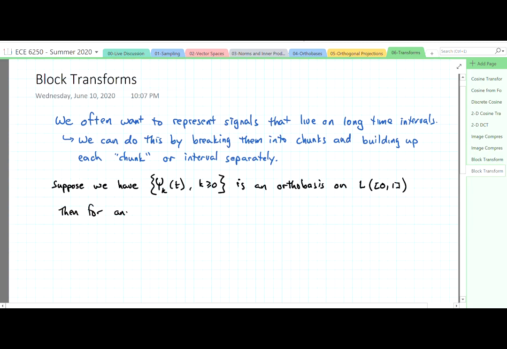Okay, so it should be pretty obvious that for any integer n, psi k of t minus n, the same basis, now just shifted, is an orthobasis on L2 of n, n plus 1.